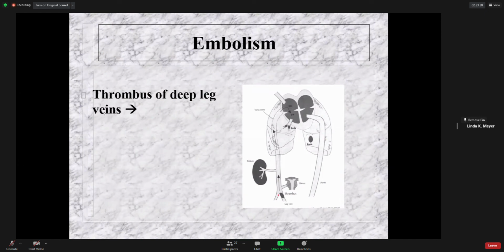What can happen is thrombi can develop in the deep leg veins, and they can travel as emboli to the lungs, and that's referred to as pulmonary embolism. And the person may manifest signs of difficulty in breathing because of these blood clots that have moved to the lungs.